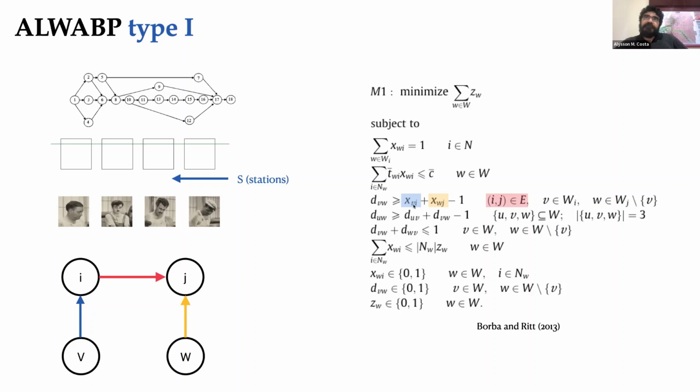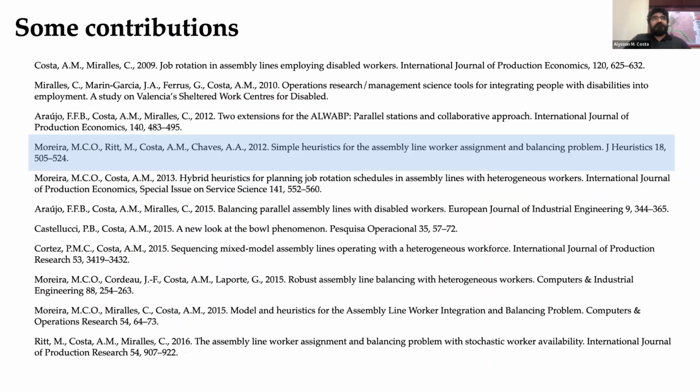Now I say that if task i is assigned to worker v, and task j is assigned to worker w, and if i and j have a precedence relation, it means that worker v must come before worker w. So again, a very different modeling idea, but in my opinion, very interesting as well. So these are a bit of the modeling ideas behind this problem, and we worked with it trying to propose solution methods and new models for different variants of the problem.